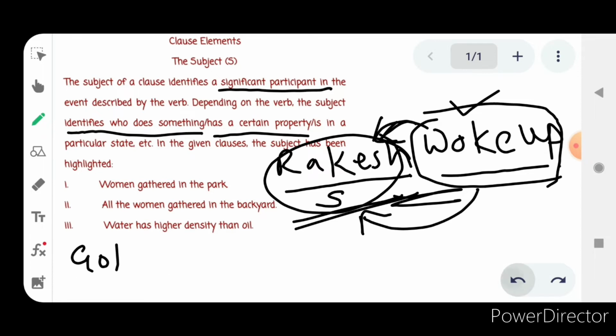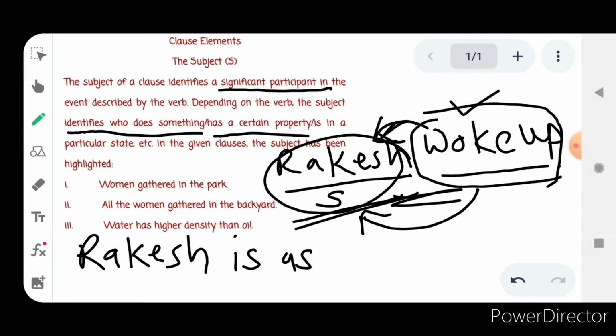for example, Rakesh is asleep. This is the state of Rakesh. He is sleeping.